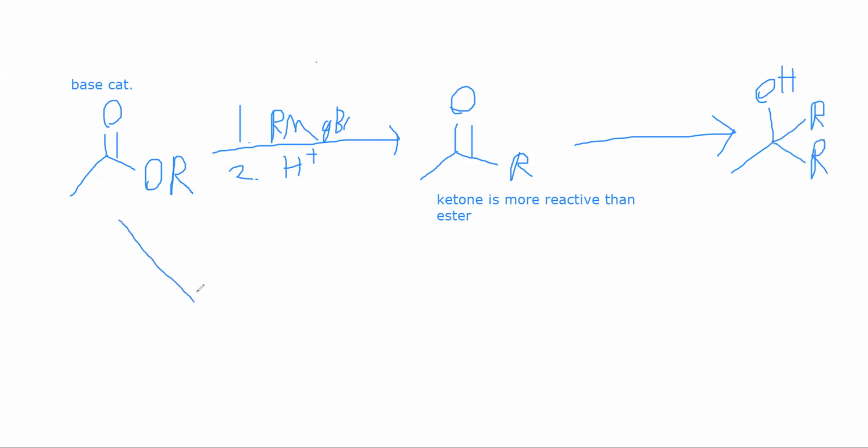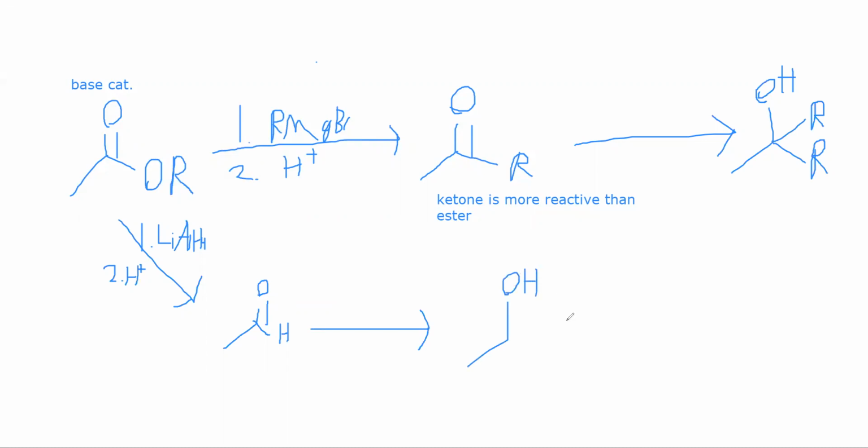Similarly, if you add LiAlH4, the hydride reducing agent that works on esters, an intermediate you're going to get after you add one hydrogen is going to be an aldehyde. But again, an aldehyde is more reactive than the ester, so this is going to react further, and you're going to end up with a primary alcohol.